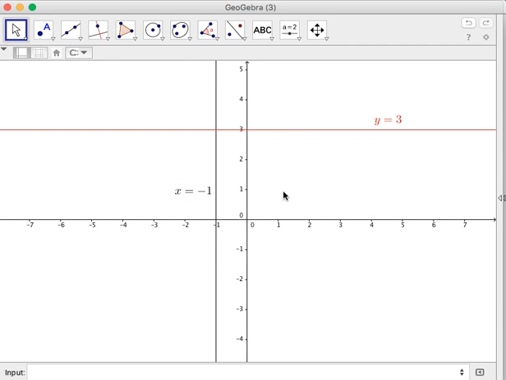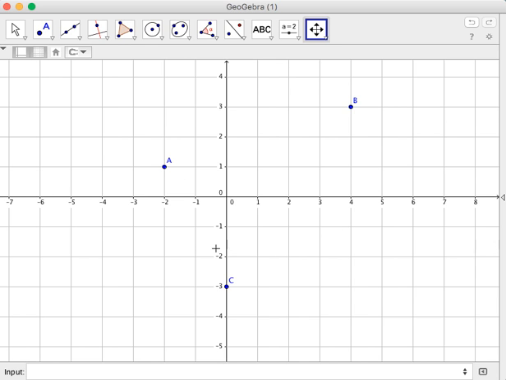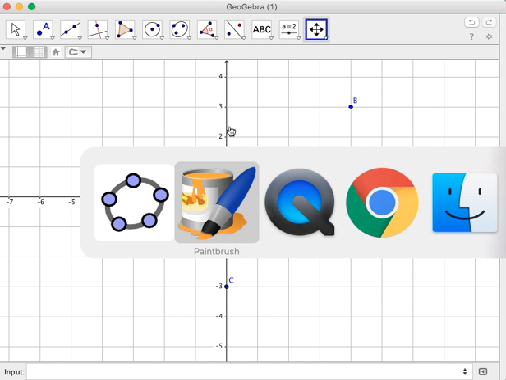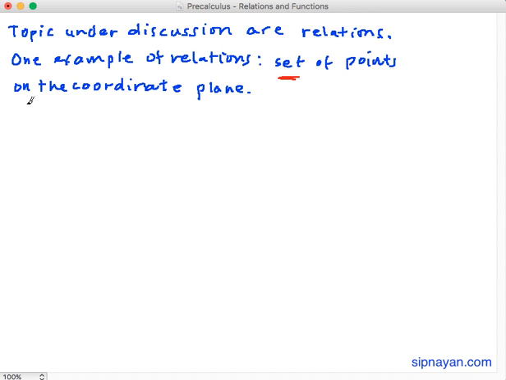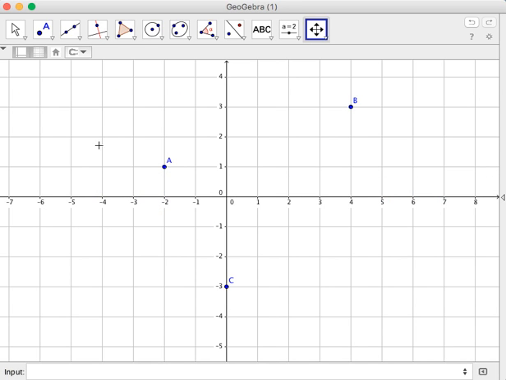Okay, so this is supposed to be the last one. Let's have this example. This is a set of points A, B, and C on the coordinate plane. So if we represent this relation R, pwede nating sabihin na R is equal to, gagamit tayo ng roster method, no?